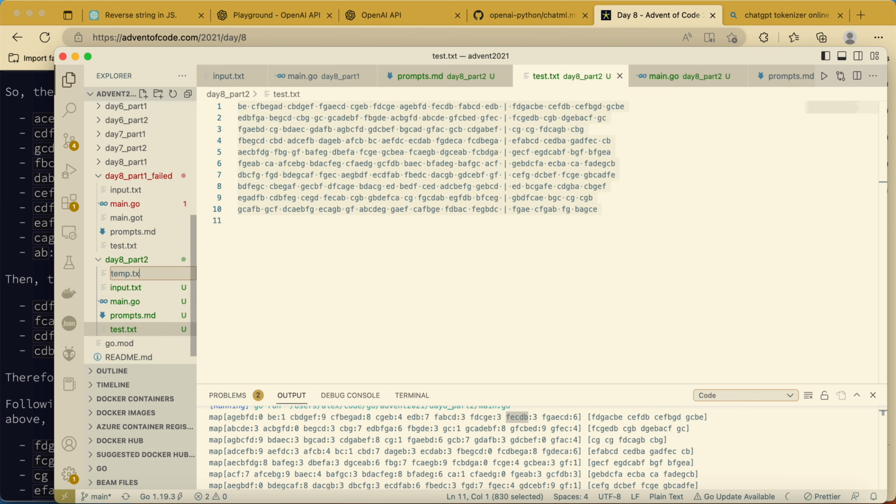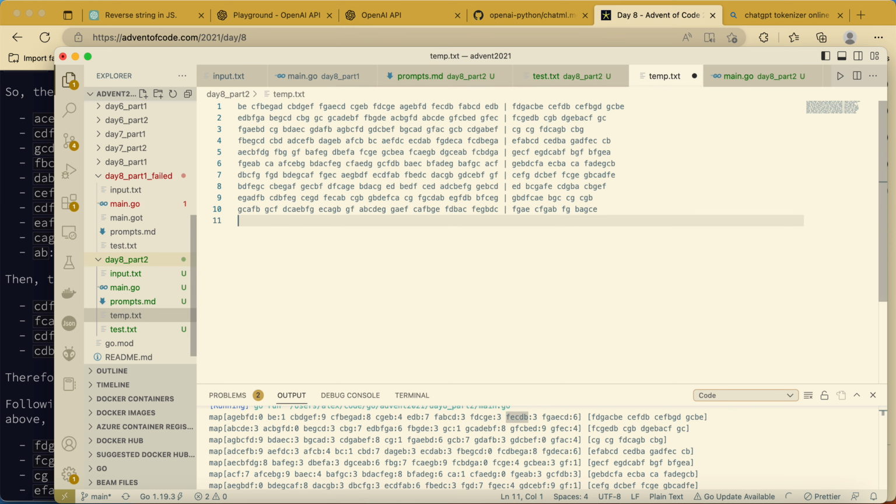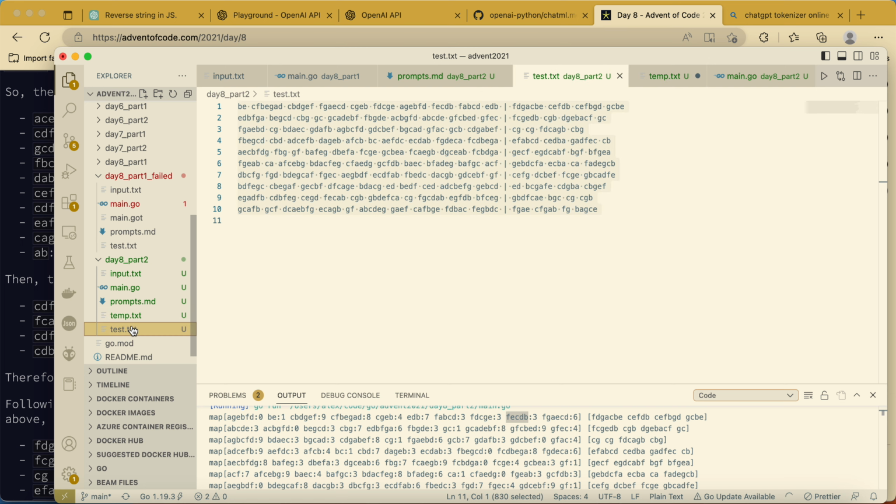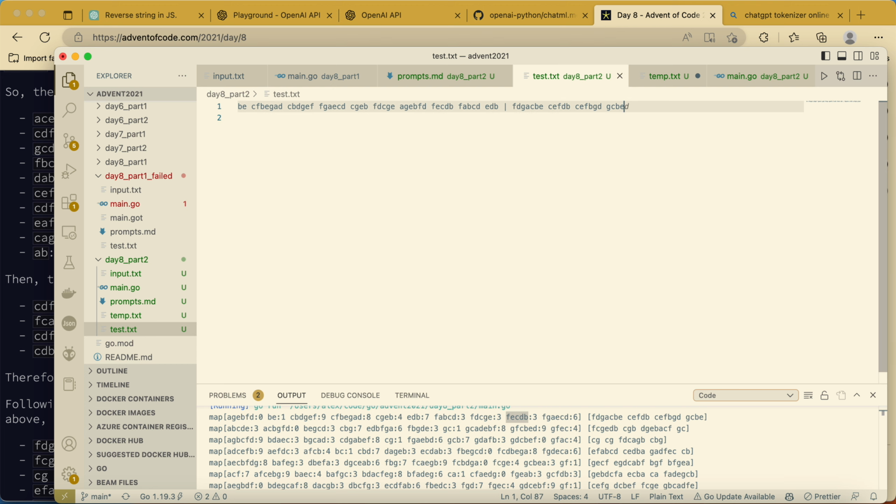I want to save this file here and have only one single line and make it work for it, and after that iterate to the other one.